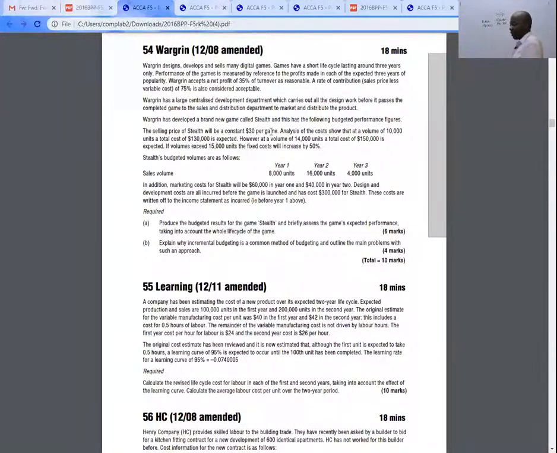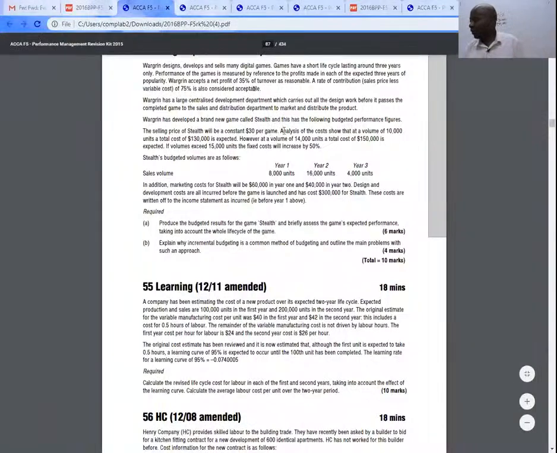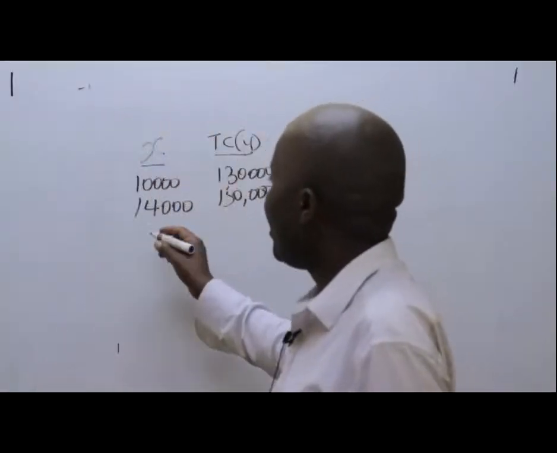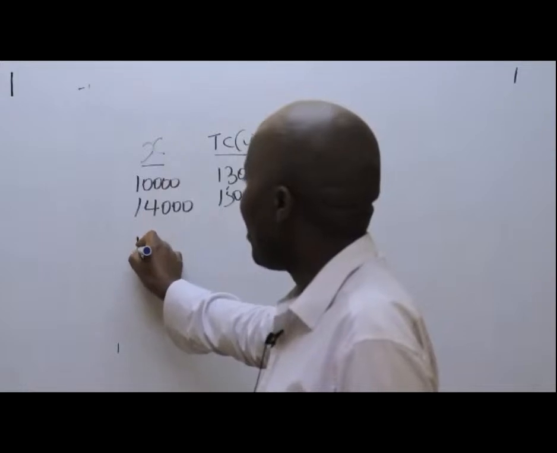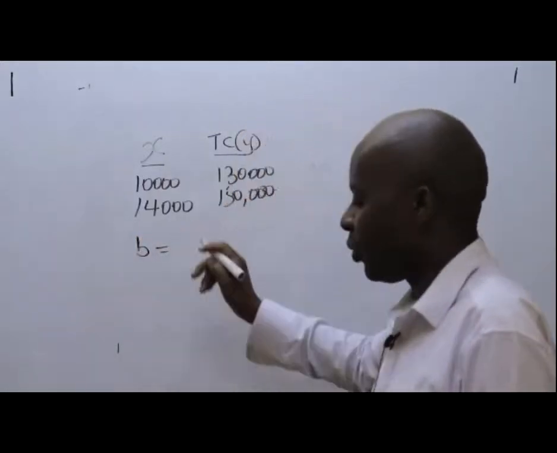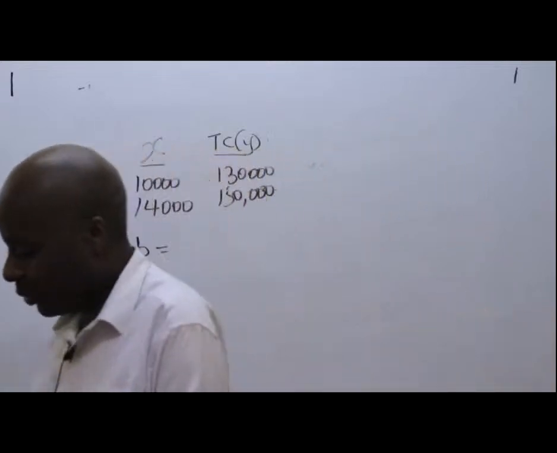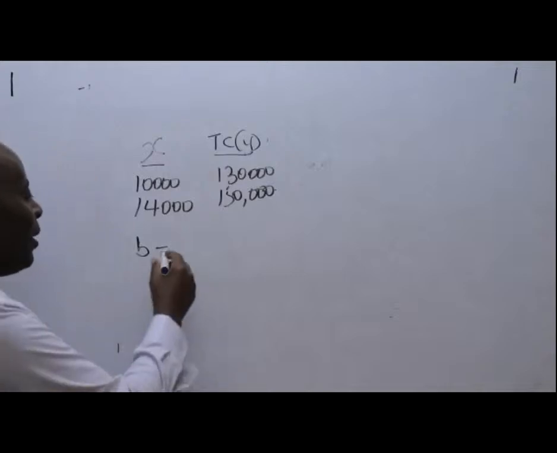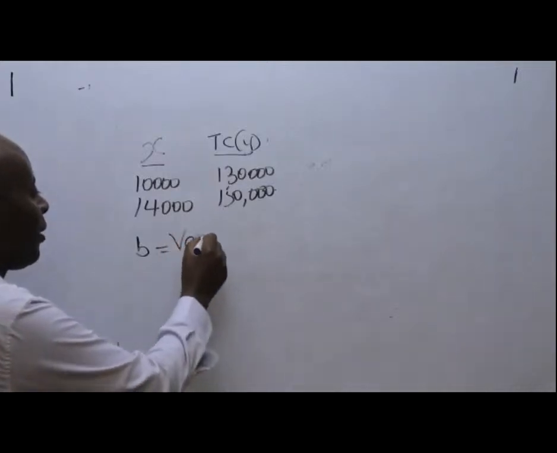Great. So once I have these two points, what am I supposed to do very fast? I should be able to use them to get the gradient. So how do I get the gradient? The gradient, which is my b, will automatically be my variable cost per unit.